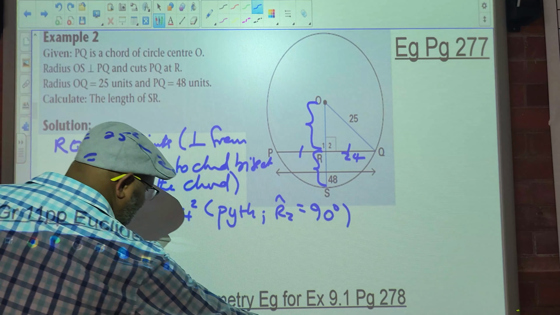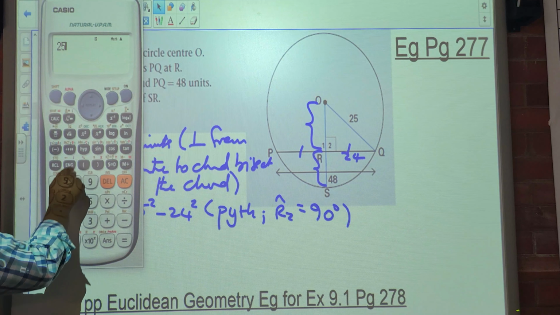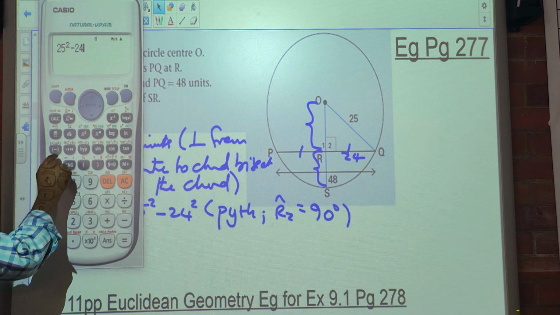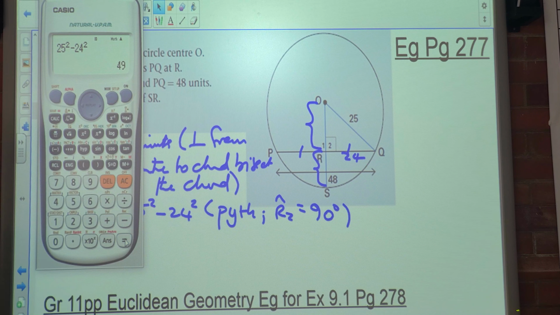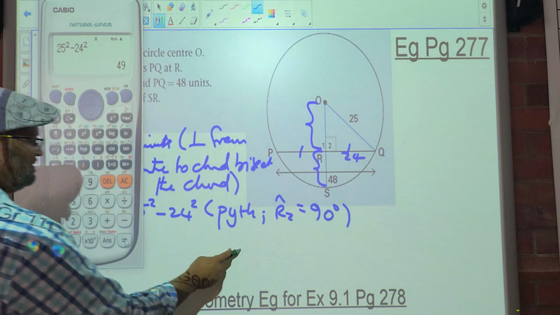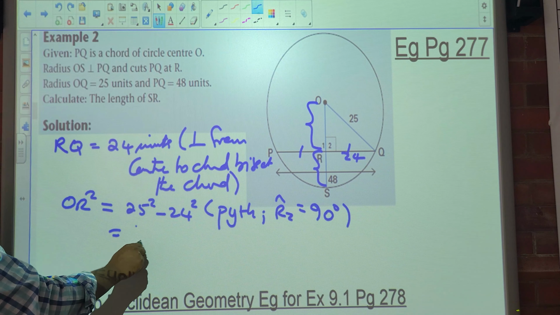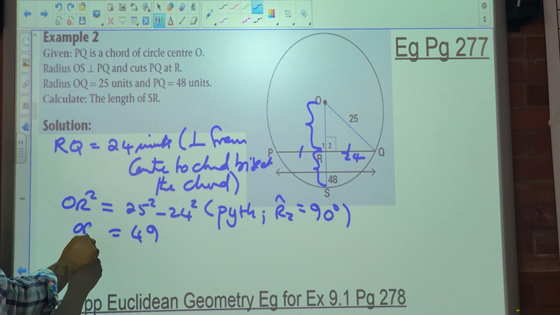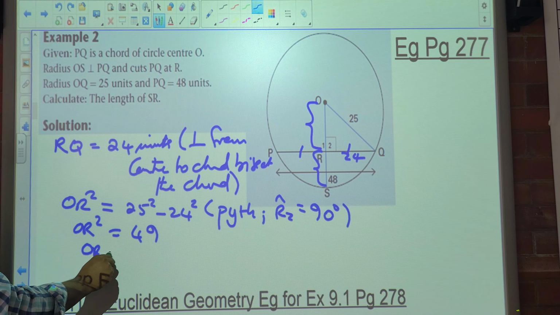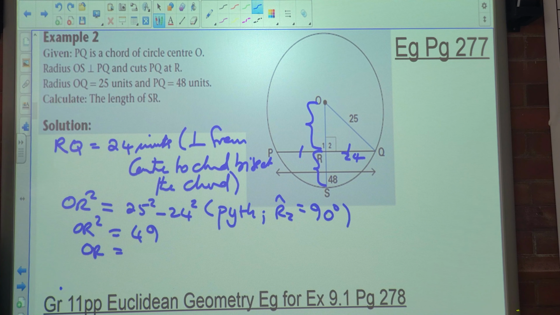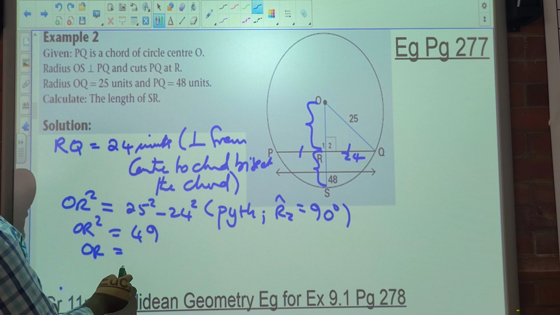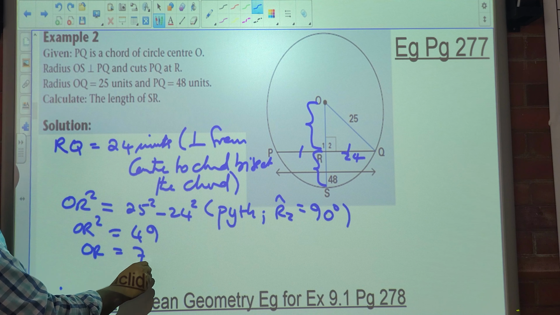I think that is 49 if I'm not mistaken. 25 squared minus 24 squared. These are Pythagorean triples. Okay. It's going to be 49. That's OR squared. The square root thereof. Of course, we're going to go plus minus, but not in this case. Why? Because we're talking about length, and length is never negative. So OR is 7 units.